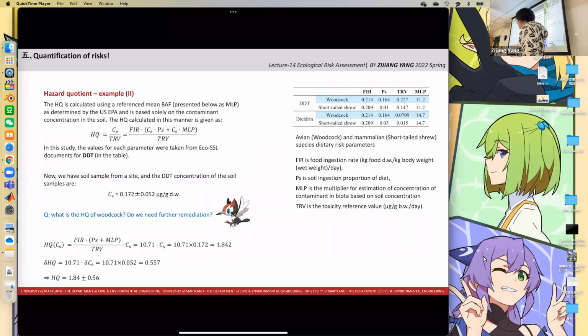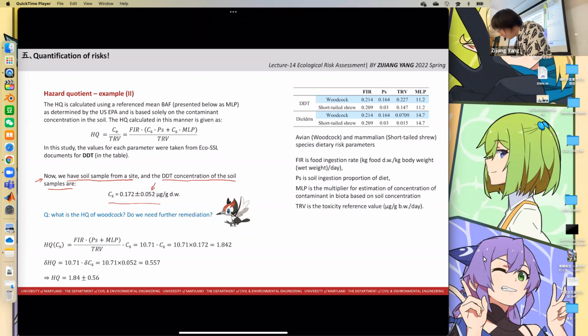We have the same setup, but now we have a soil sample from a site, and the DDT concentration of the soil samples is here. Because the soil concentration may differ at different places, the soil concentration has some uncertainties, and this is the standard deviation of the soil concentration.